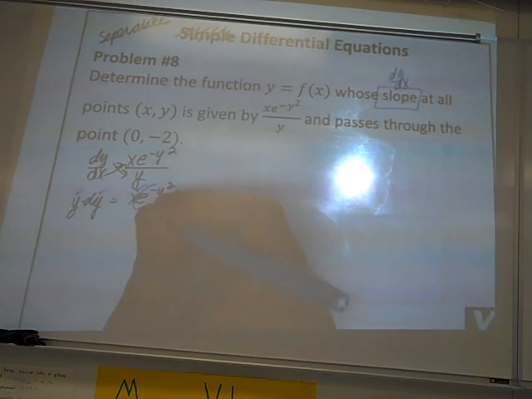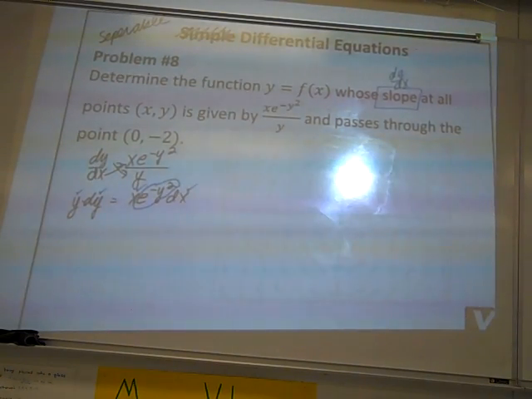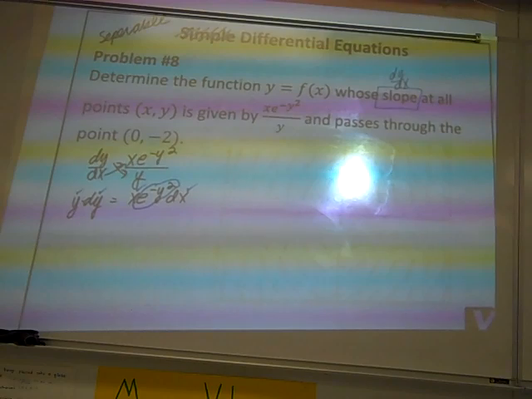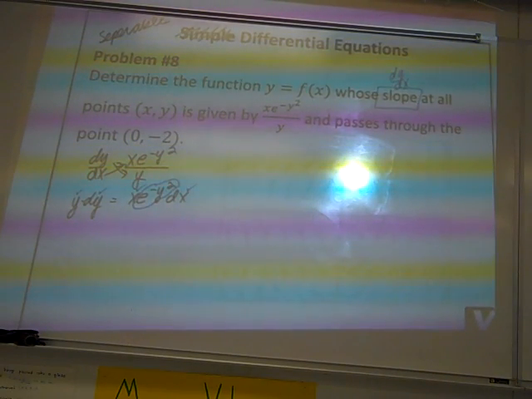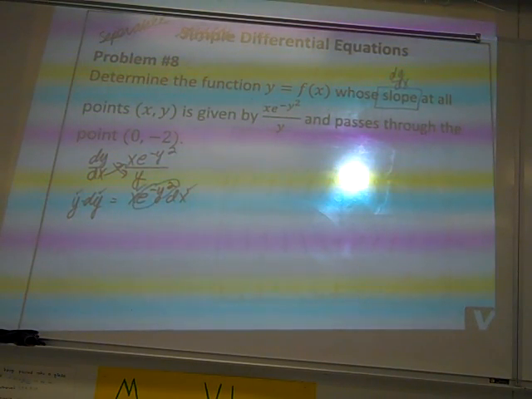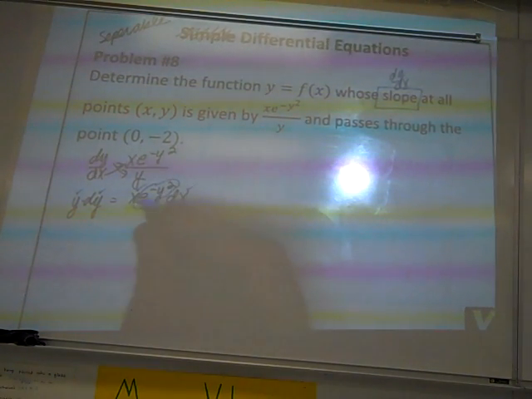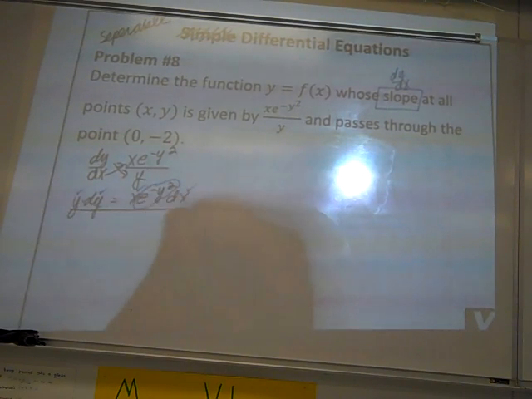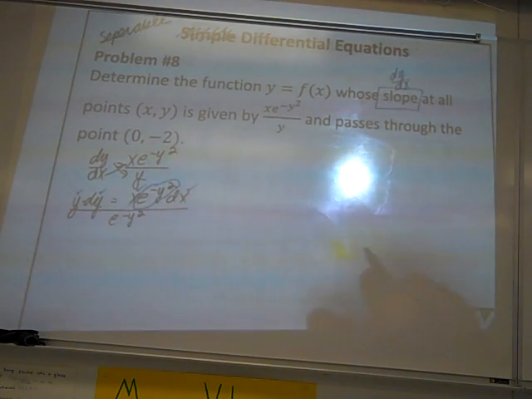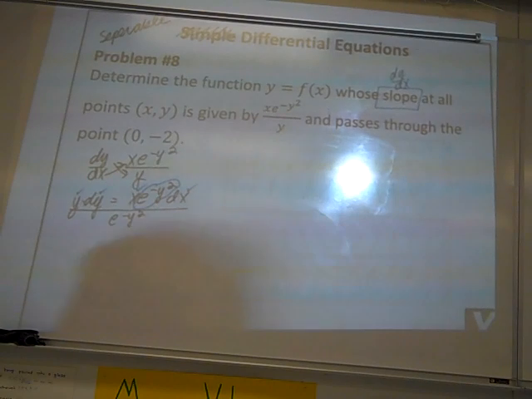However, I have this e to the negative y squared showing up in the middle. I don't like it. It's on the wrong side. Now, you have to do this correctly. Since x, e to the negative y squared, and dx are all being multiplied together, we're going to divide both sides by e to the negative y squared.